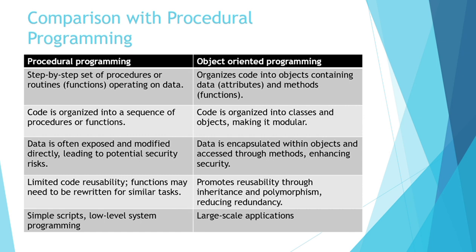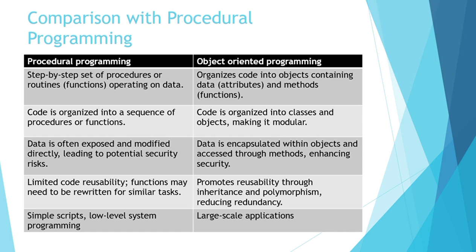Object-oriented programming, by organizing related data and behavior within classes, allows for better scalability and code maintainability. For example, in a banking application, procedural programming may involve writing multiple functions for transactions, whereas object-oriented programming models accounts as objects with built-in methods for deposits and withdrawals.